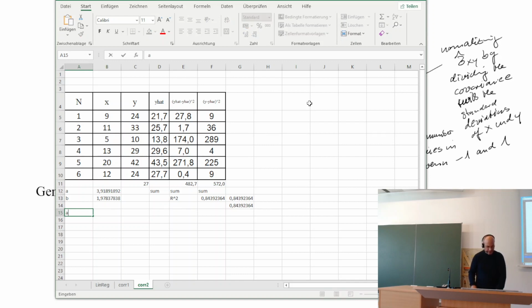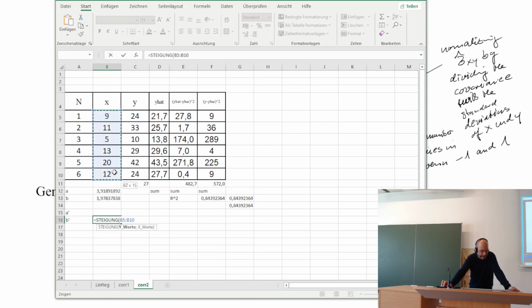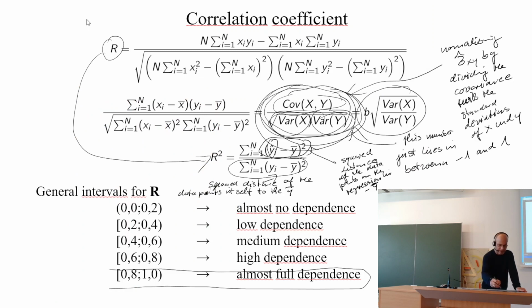If I say then that here A prime and let's say B prime, if I'm interchanging the variables, so at first x and second y, then of course I have to have other numbers.